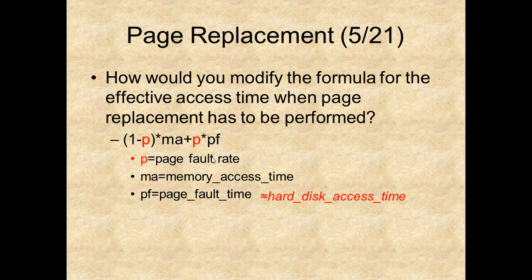Now take a look at this formula again. This formula says that in 1 minus p of the time, we just need to visit the physical memory space, because the wanted page is in the physical memory. Otherwise we need to visit the disk for the missing page.